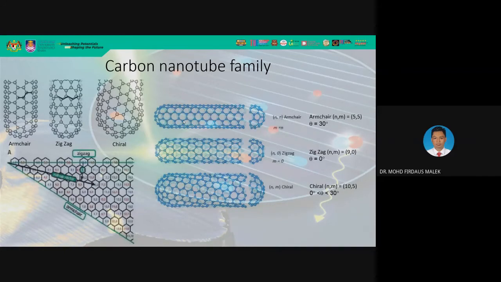Researchers are now developing methods to spin carbon nanotubes together to make low resistance electrical wires that could transform the electrical power grid.